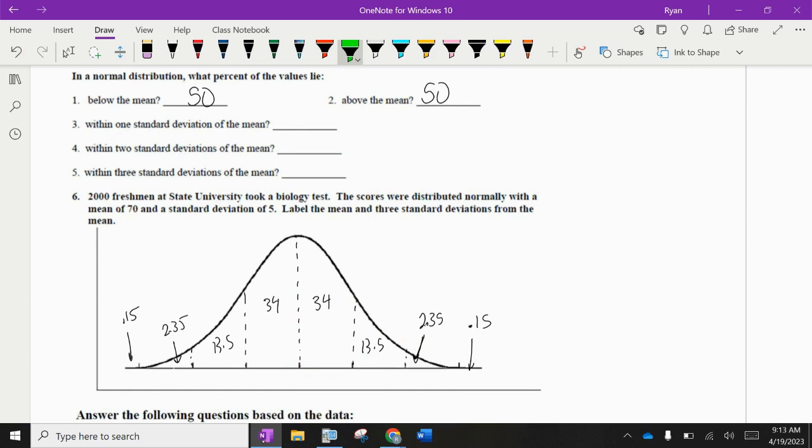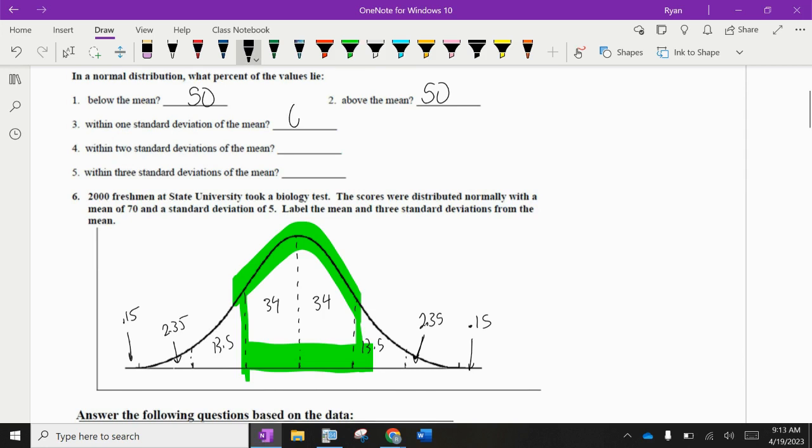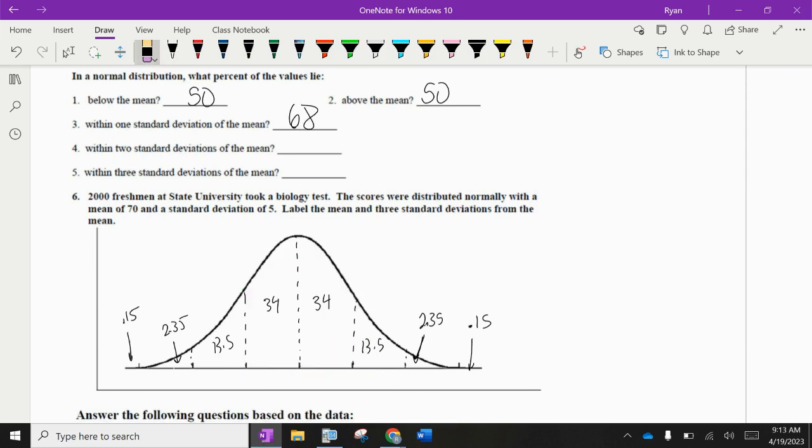What percent is within one standard deviation of the mean? So standard deviation to the left, standard deviation to the right. What percent is this? That's 68. What percent is within 2 standard deviations of the mean?